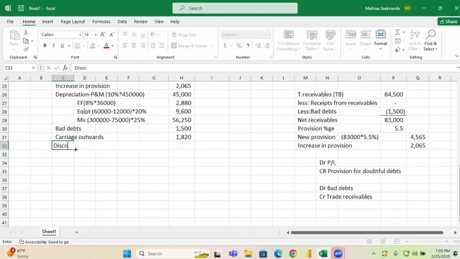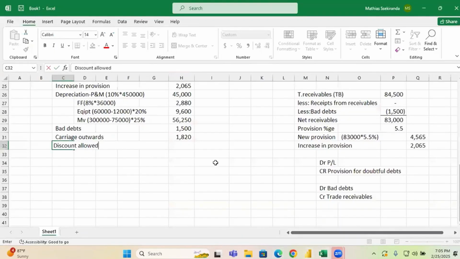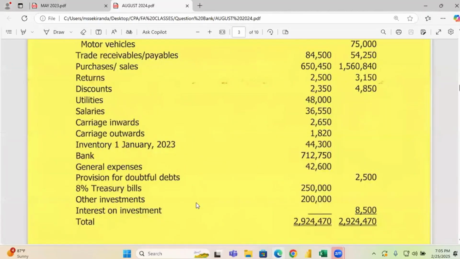I saw discounts allowed. Discounts allowed are expenses. These are debits. So it is 2,350 as our expense, discount allowed. I'm seeing utilities somewhere. I'm seeing salaries.